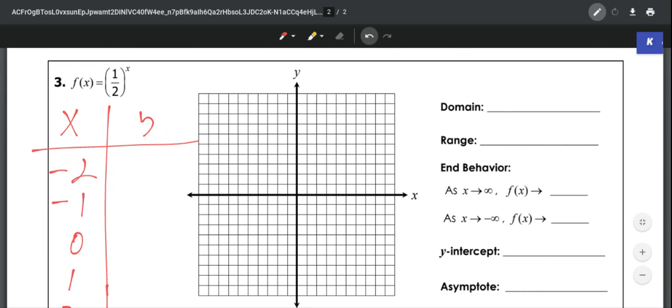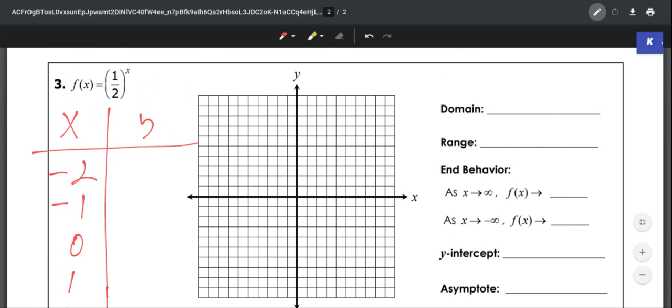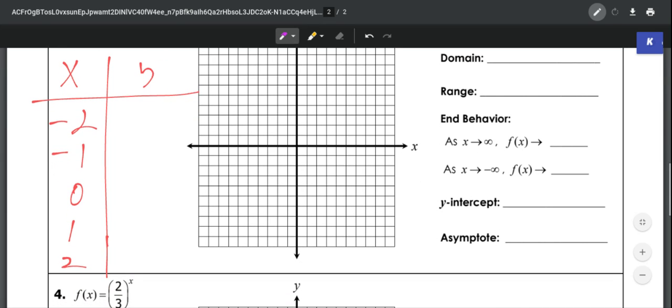We're going to take each of those values and plug them in for x. Now you can do this with your calculator, so I'm going to skip this step just to save us some time. So if we plug in -2, we'll end up with 4. If we plug in -1, we'll end up with 2. Plug in 0, we'll end up with 1. Plug in 1, we'll end up with 0.5, and we plug in 2, we'll end up with 0.25.